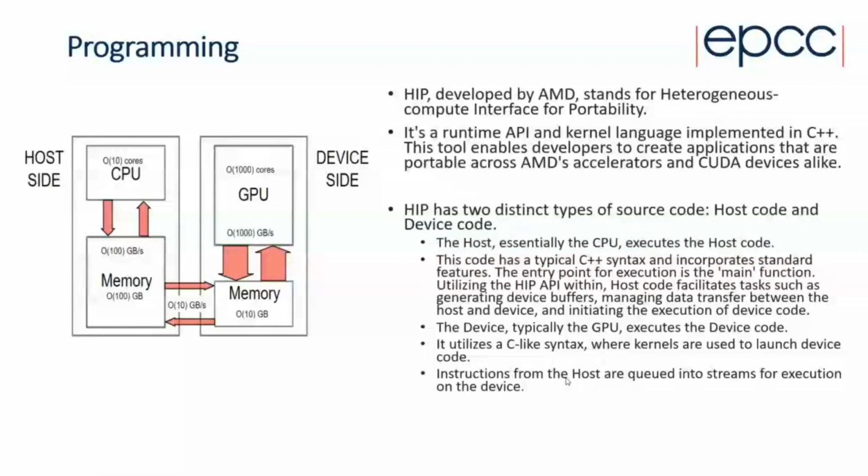The device, typically the GPU, executes the device code. It utilizes a C-like syntax, where kernels are used to launch device code. So you encapsulate your device code in a kernel. You then launch the kernel later with a given decomposition between threads and blocks, provided at the point of kernel launch.